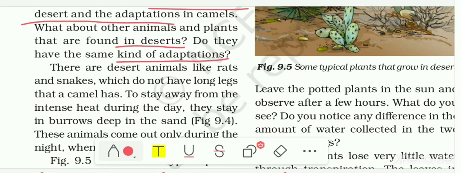There are desert animals like rats and snakes, which do not have long legs like a camel has. We had seen that camels have long legs, because of which they can protect themselves from the heat of the desert. But rats and snakes do not have long legs like camels.